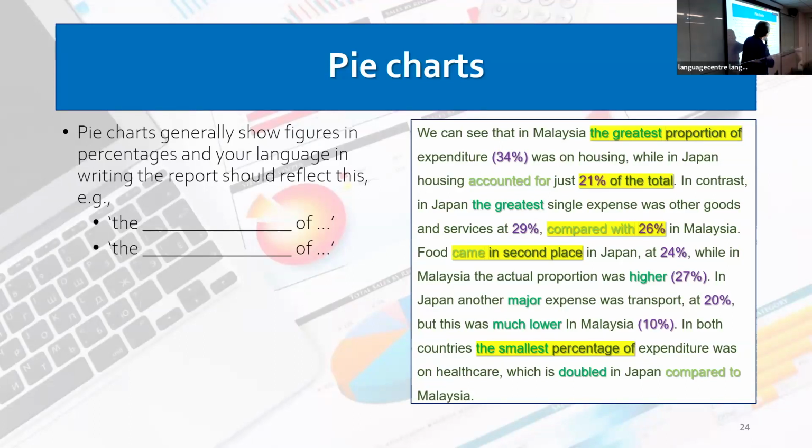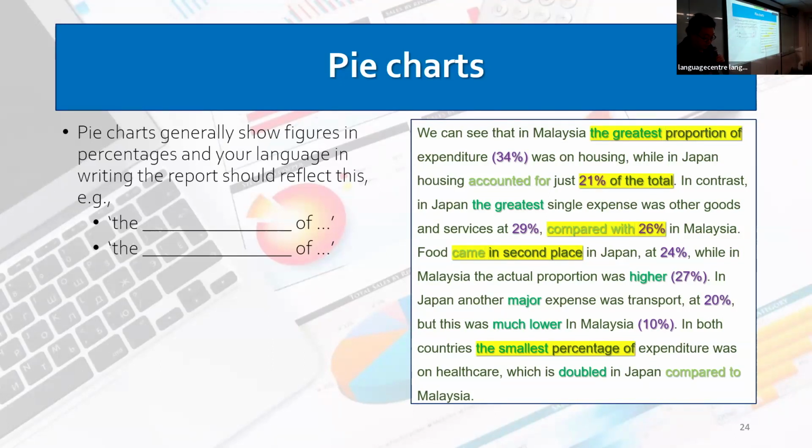But you may wonder, why are these words highlighted in yellow? As I've written here, we use pie charts to show the percentage of something or the proportion of something, because pie charts usually have figures, as I've mentioned before. Usually you can see figures, numbers in a pie chart, and you need to report this to your examiner too.